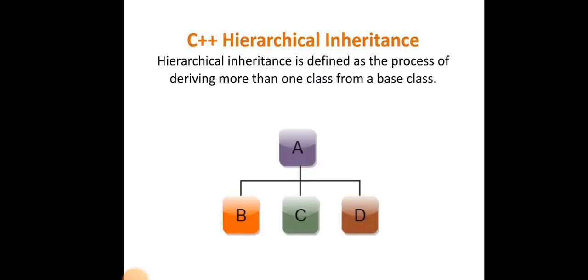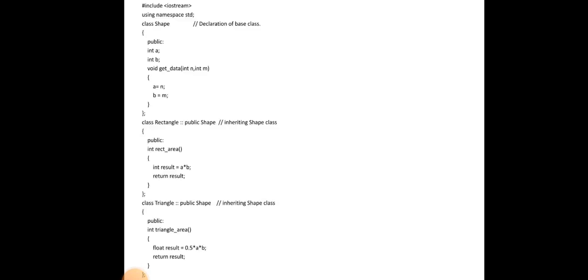And the last inheritance model is the hierarchical inheritance model. In this type of inheritance, more than one class is derived from the base class. In this model, we have one base class and a number of child or derived classes.